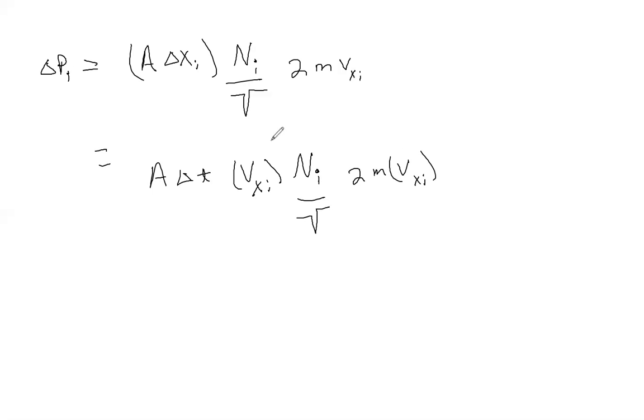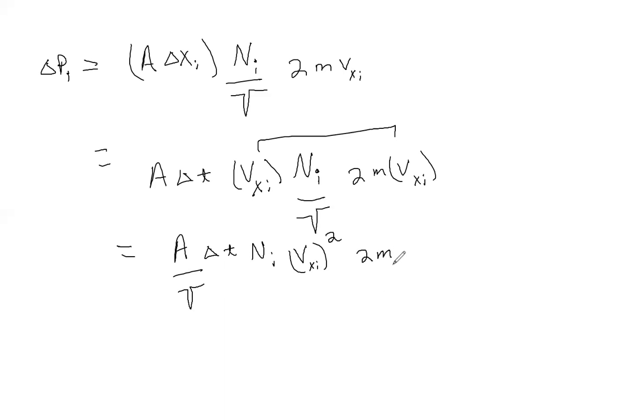Oh, look, these are the same. So I could regroup that a little bit. I can write that as an area times delta t divided by a volume times a number with that velocity times the x velocity squared. And then I have to multiply by 2m. Awesome.